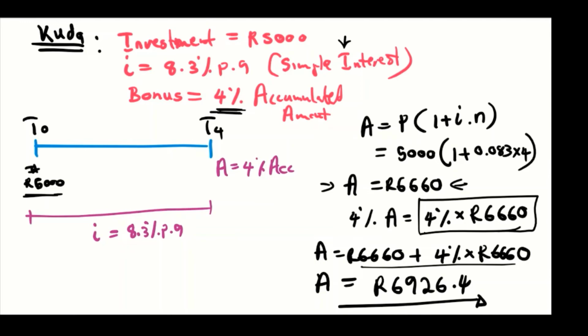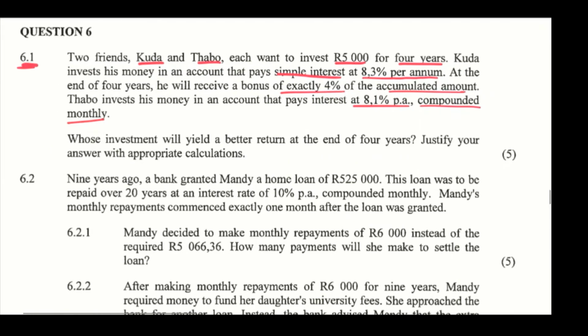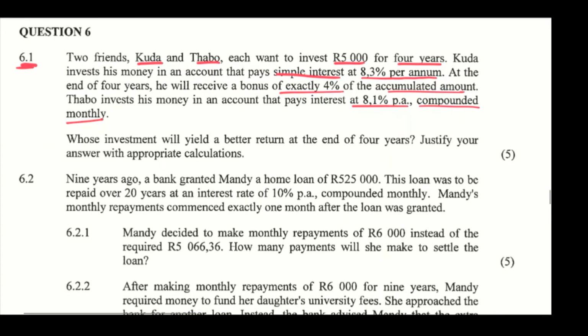So now let's look at the situation of Thabo. We know that Thabo invests 5,000 for a period of 4 years, and he uses an interest rate of 8.1% compounded monthly.